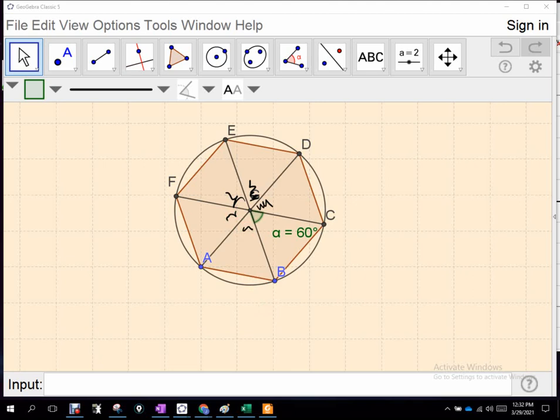Now, if I take out the hexagon, so if we don't look at the hexagon, let's hide that. Those slices of that circle should add to 360, correct? And that relationship is why we say that there's 360 degrees in a circle.